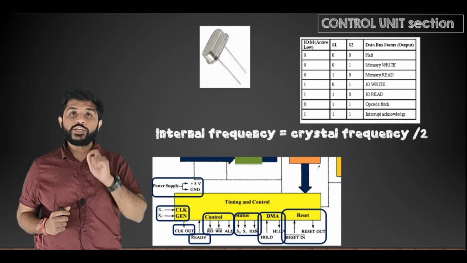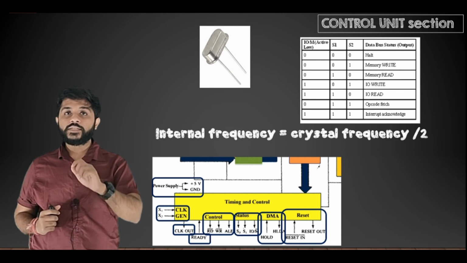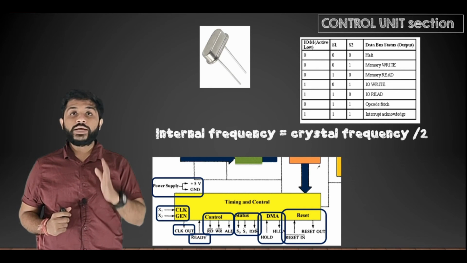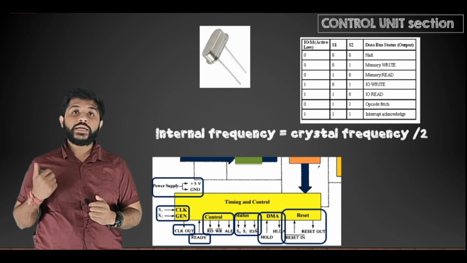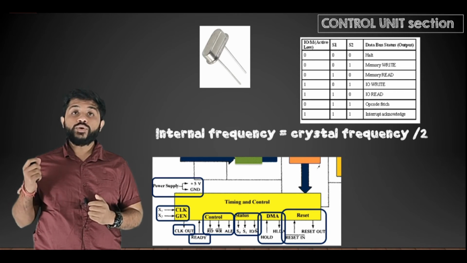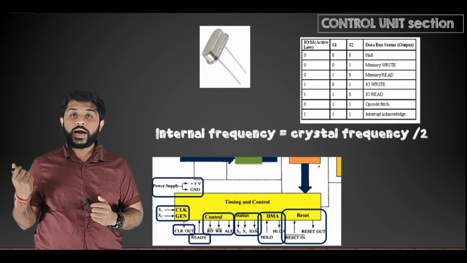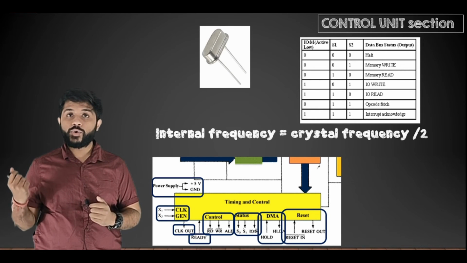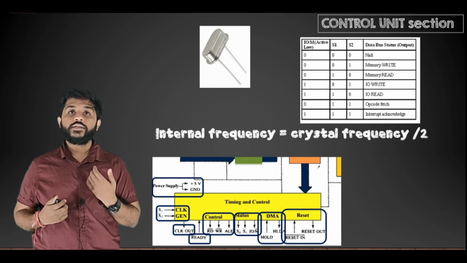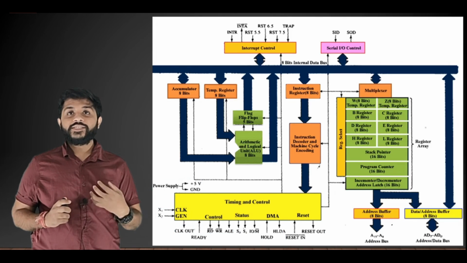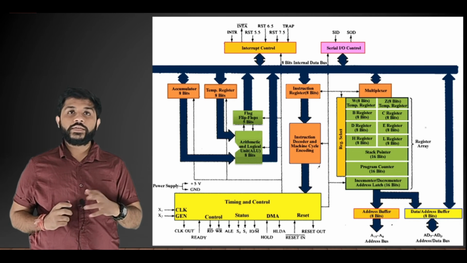So when you send a 0 signal at this pin, the processor will be reset. And when the processor is reset, it will provide the acknowledgement at the reset out pin. So if we are getting a high signal at reset out, the user can understand the processor is reset successfully. So this is it for the control unit section.